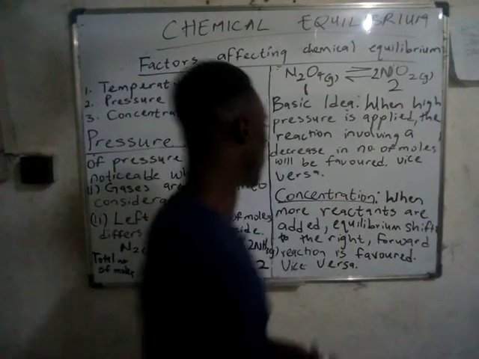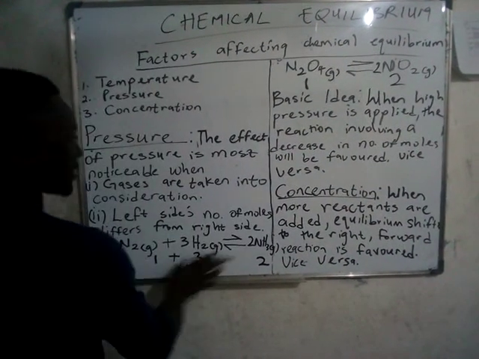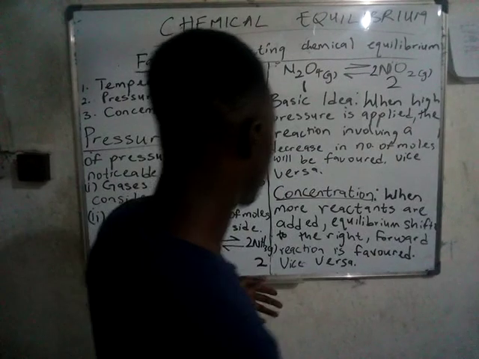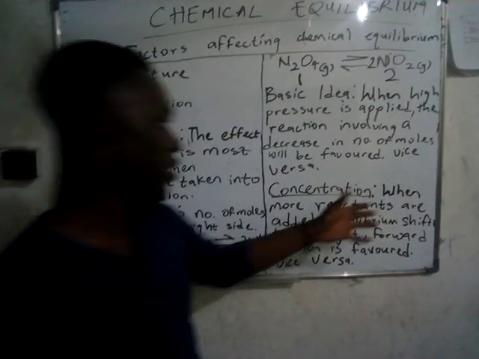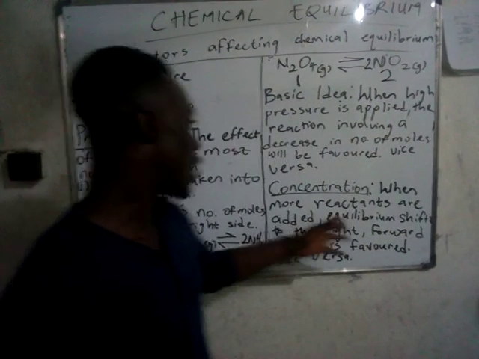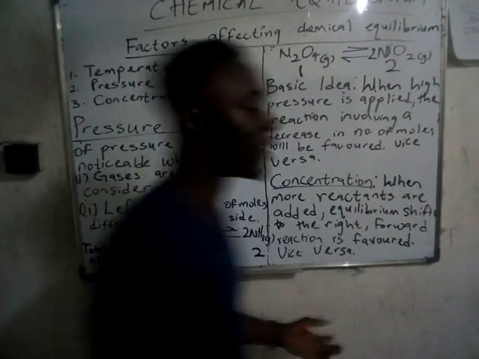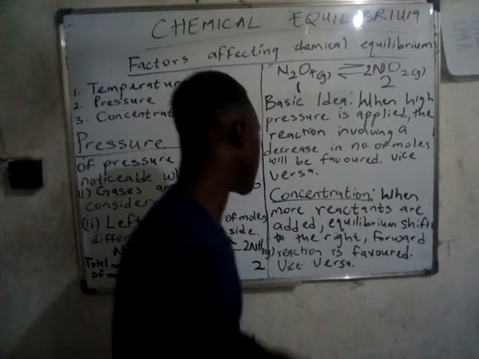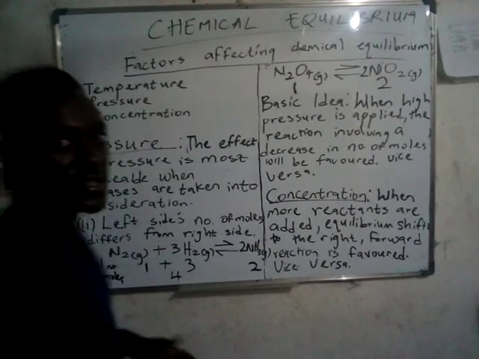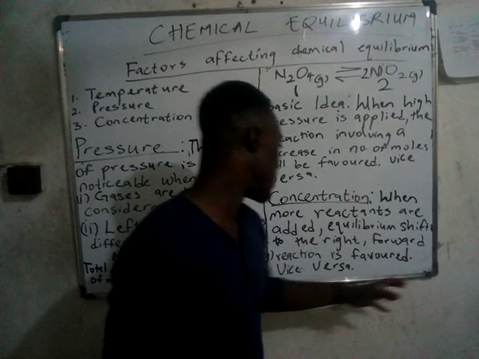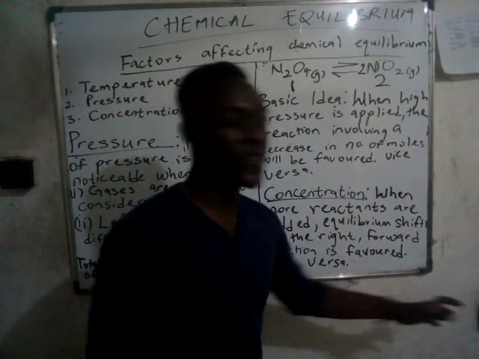Now for concentration, I'm going to be using these examples also to explain that. For concentration, what we have on the board says when more reactants are added, equilibrium shifts to the right, forward reaction is favored, and vice versa. Now what that means is when you increase the concentration of reactants, the forward reaction is going to be favored.